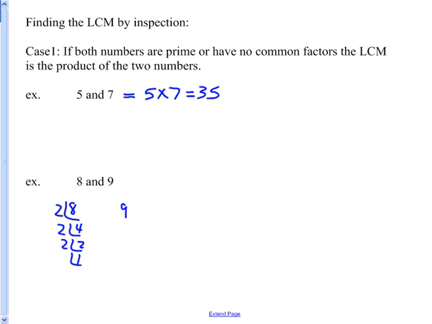For 9, 3 goes into 9 3 times, and of course 3 goes into 3 once. So the factors of 9 are 3 times 3. Neither of the two numbers has any factors in common. So in this case, the lowest common multiple once again will be the product of these two. So it'll be 8 times 9, which is 72.